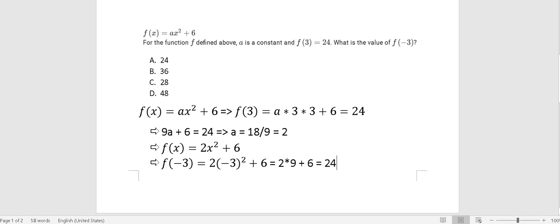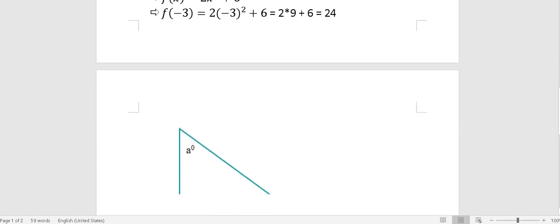So essentially f(3) equals f(-3), and then you can immediately pick A as the correct answer. Now it's all in bold. I'm going to mark here, A is the correct answer. You can do it the long way, or you can see the similarity and then just pick the right answer right away. Okay.